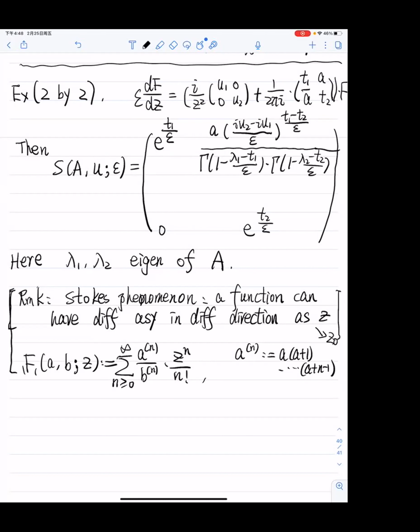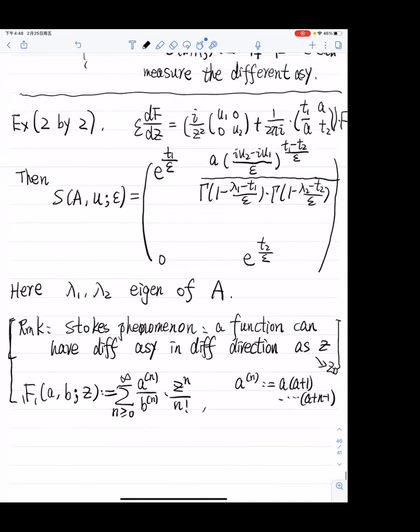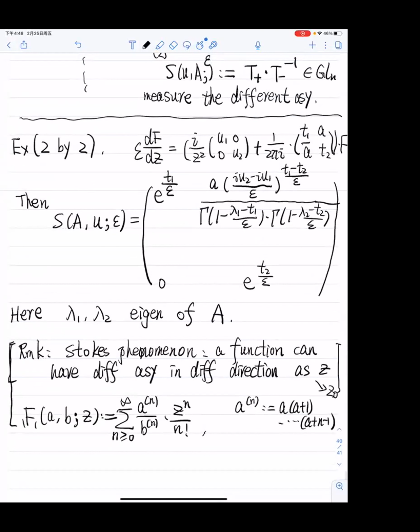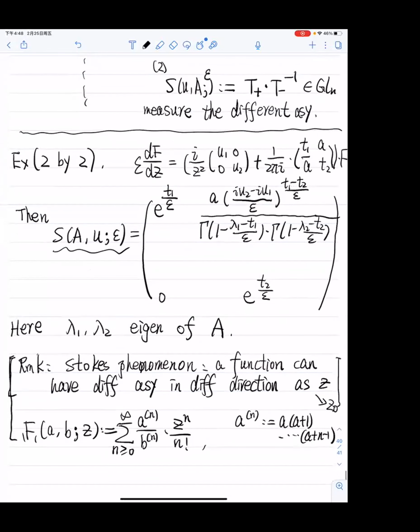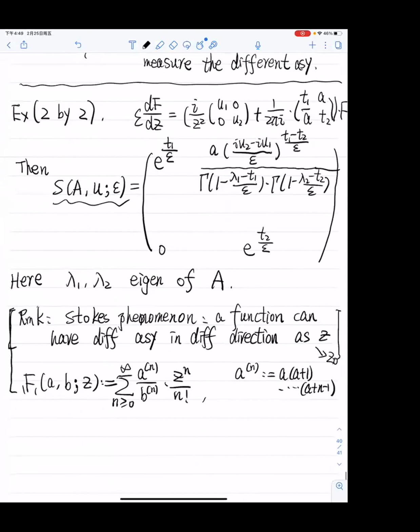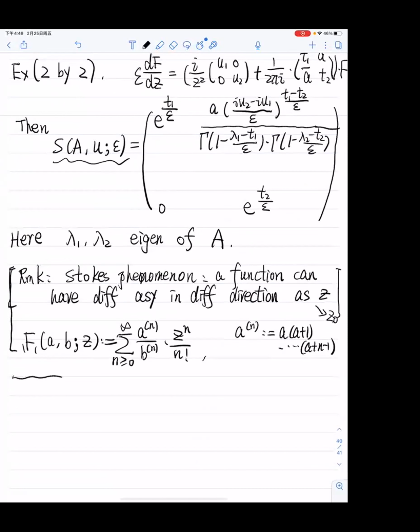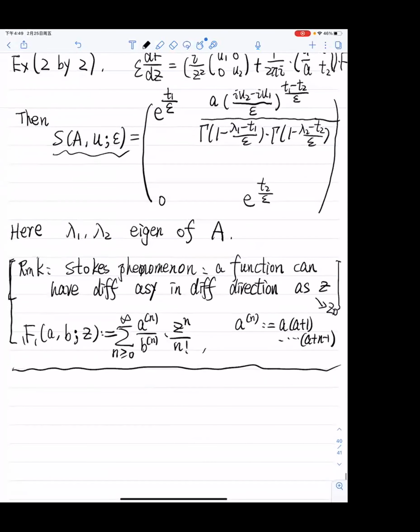So this function has a Stokes phenomenon, which is exactly how we compute the Stokes matrix in the 2x2 case. Right. As I said, this Stokes matrix, we have seen it in Philip and Valerio's talks, I guess.